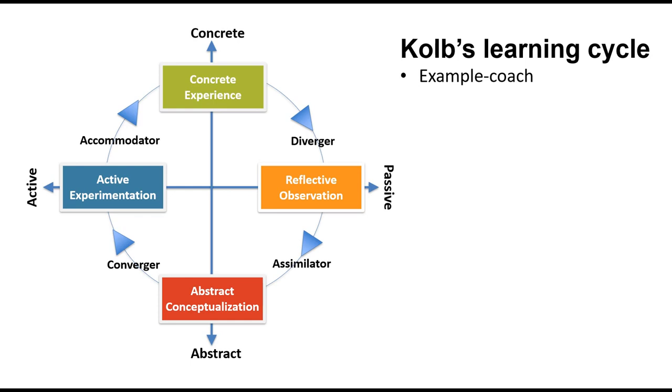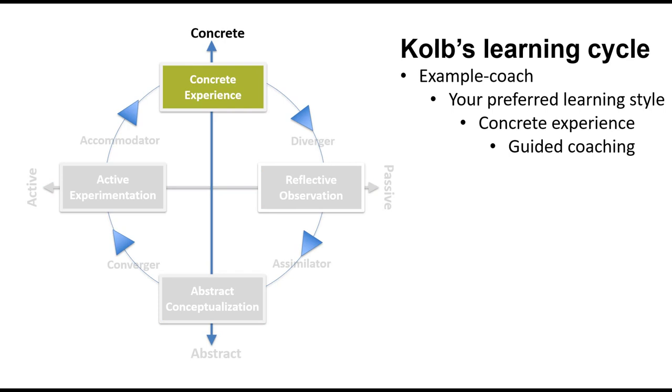In our second example, you want to learn a new management skill. You want to be a coach. Depending on your preferred learning style, you may enter the learning cycle at any point. You will best learn the new task if you practice all 4 modes. Concrete experience: having a coach guide you in coaching someone else.